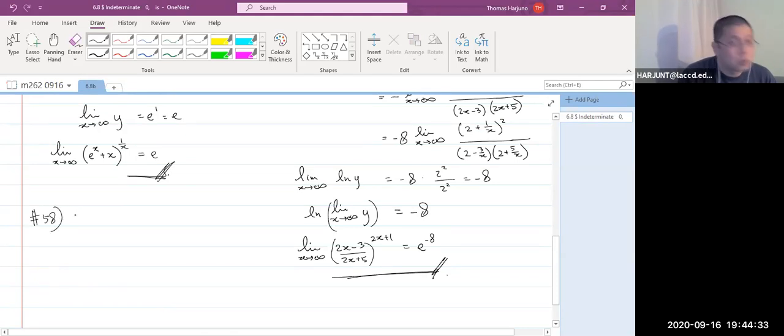Limit of x going to infinity of 1 plus a over x to the power of x. I didn't do this yet, but you can try.